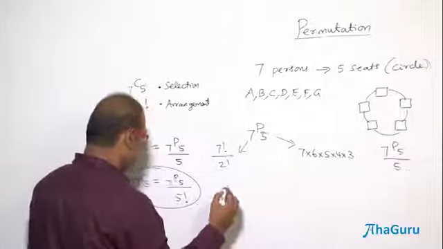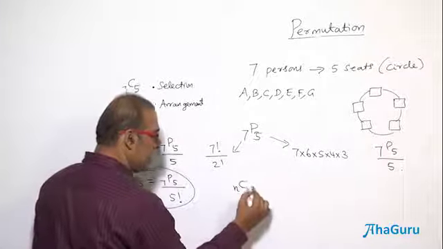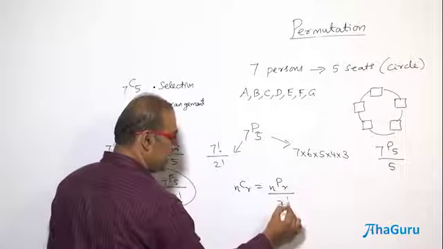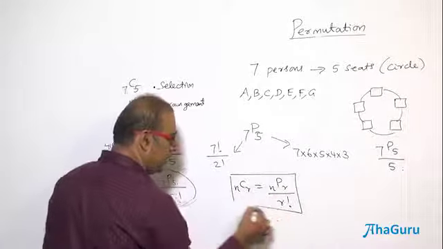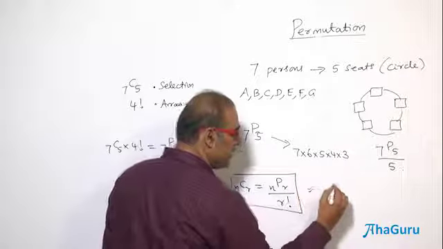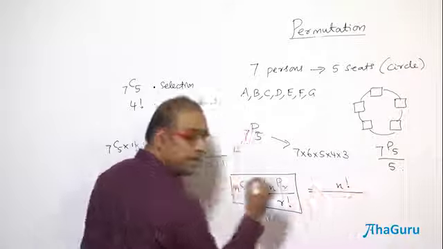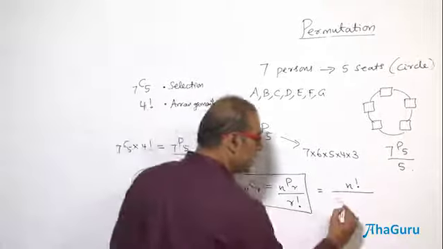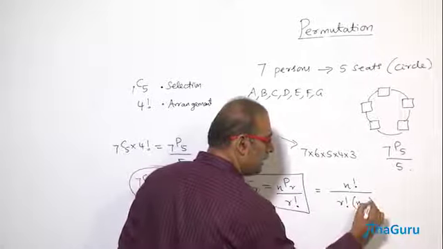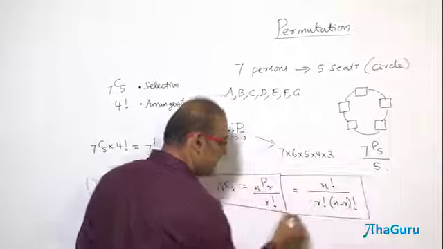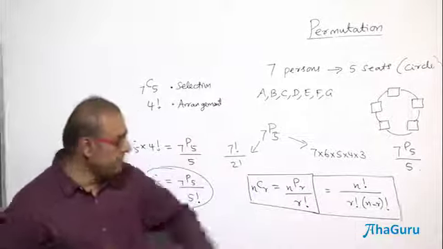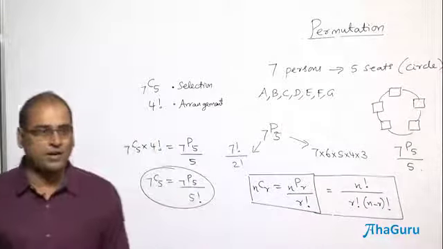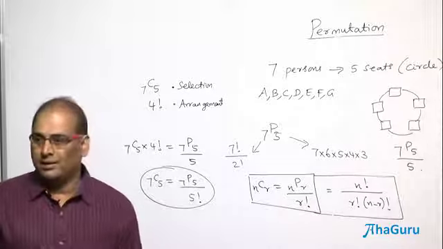Therefore, I can say that in general, n choose r is equal to nPr by r factorial. But you already know what nPr is. nPr is n factorial by n minus r factorial. Then you divide by r factorial. So you get r factorial into n minus r factorial in the denominator. So that is your n choose r. If you divide that nPr by r factorial, you will be getting n choose r.